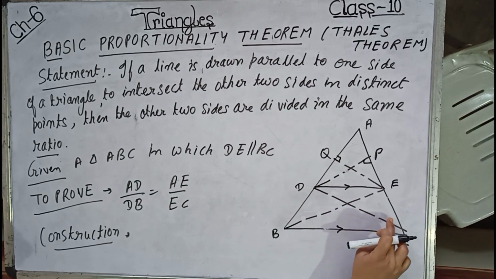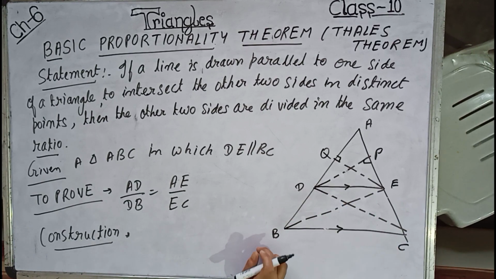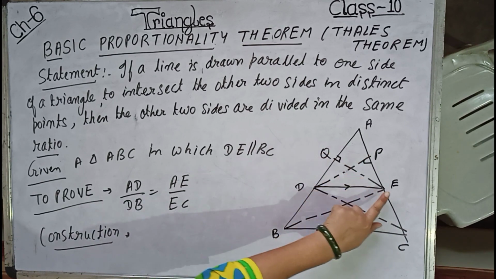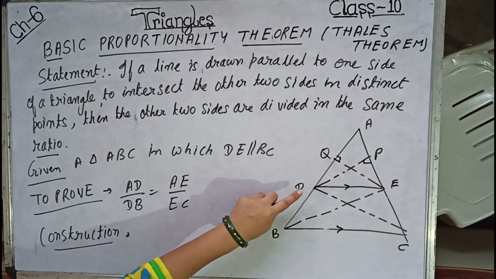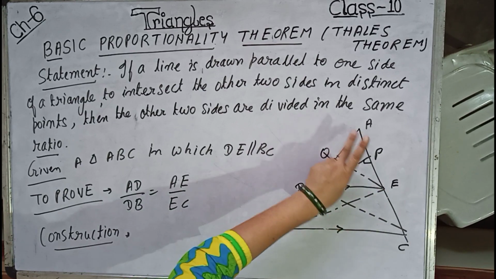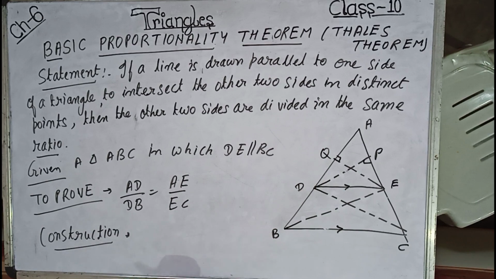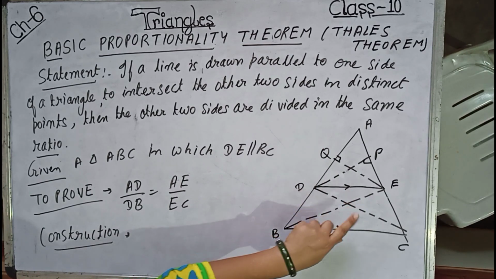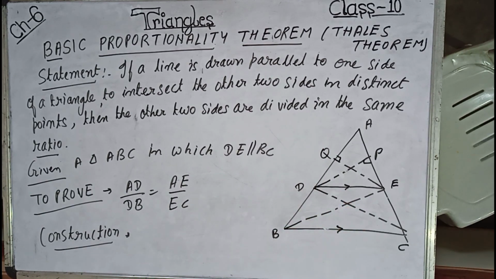So what construction have we done, children? I repeat, draw DP and EQ perpendicular from D and E on AC and AB respectively. Also join BE and CD. After this we will be doing the proof.